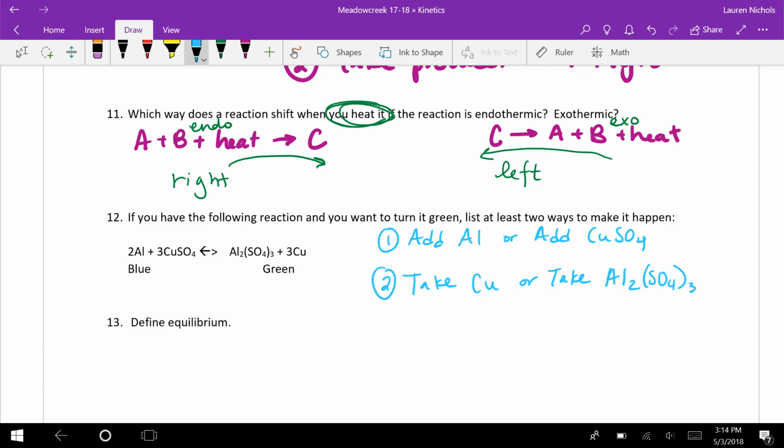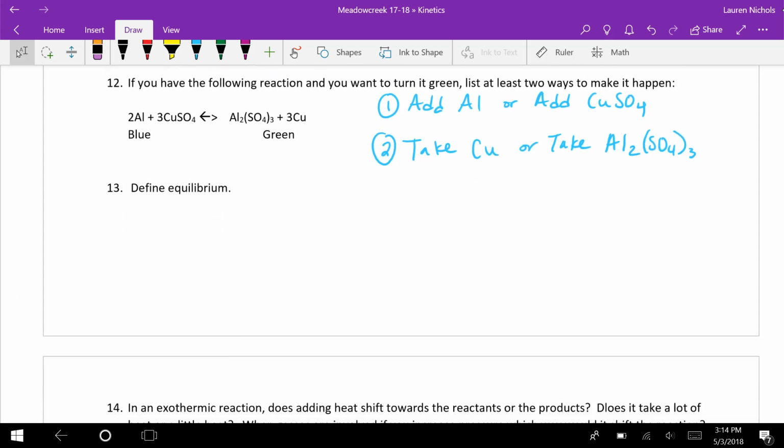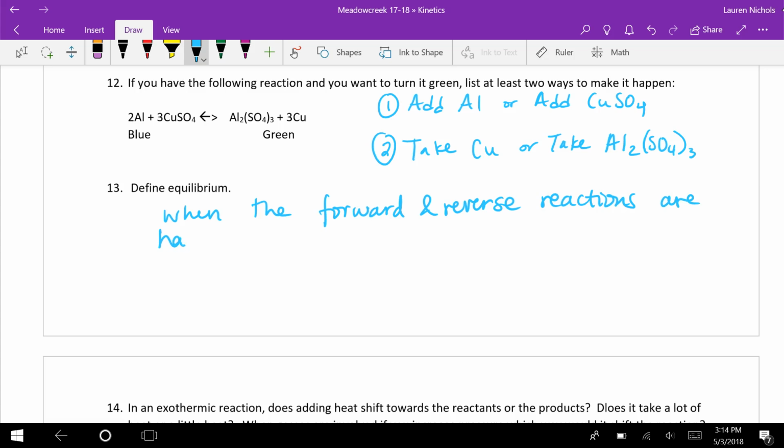Now, let's look at what a definition of equilibrium might be. Equilibrium is when the forward and reverse reactions are happening at the same speed.